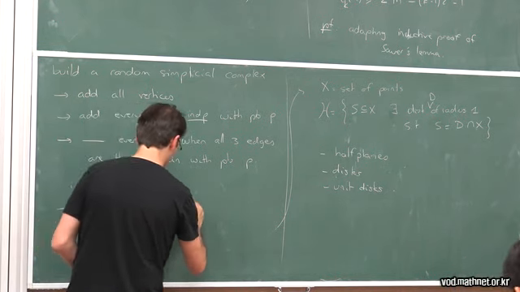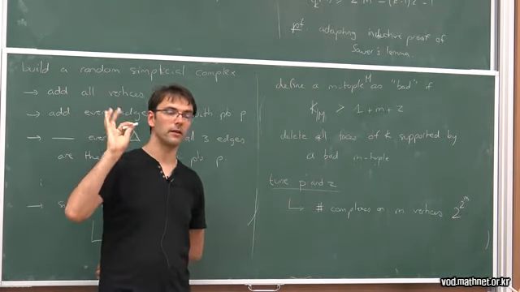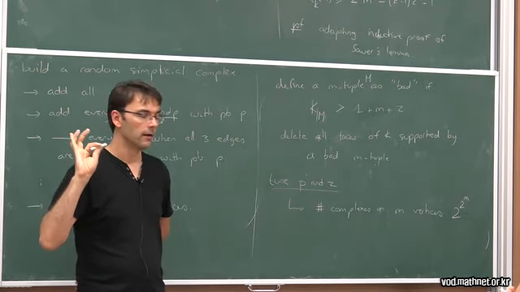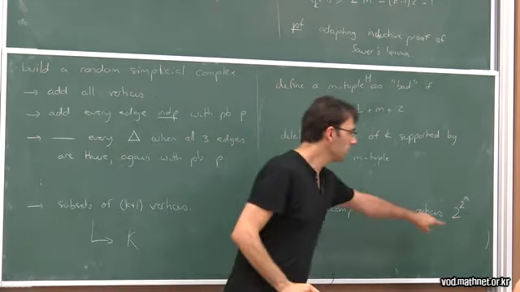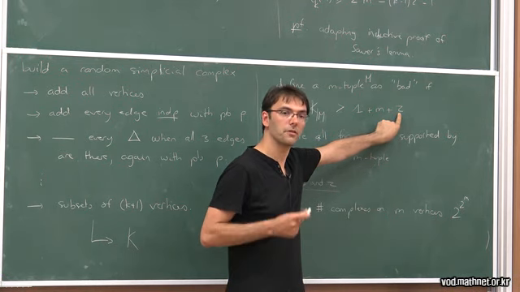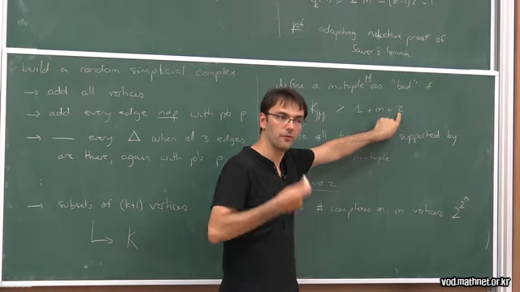I'm overshooting. I don't care because M is constant. I'm only worried about what happens when n goes to infinity. Now, out of these, some are good and some are bad. Those that are bad, I know that they have at least this many edges, so they had to succeed a certain number of coin flips to get there.